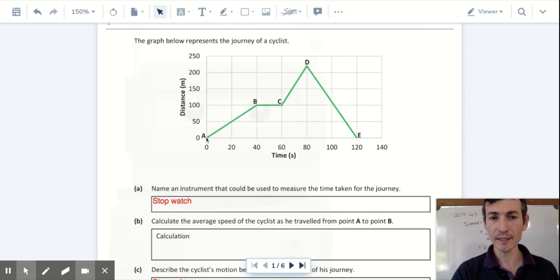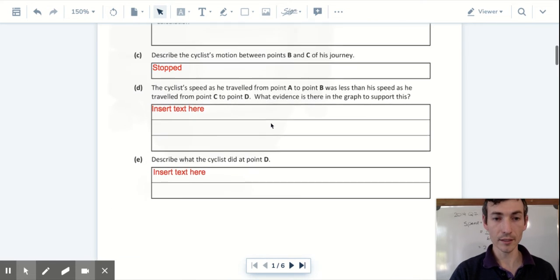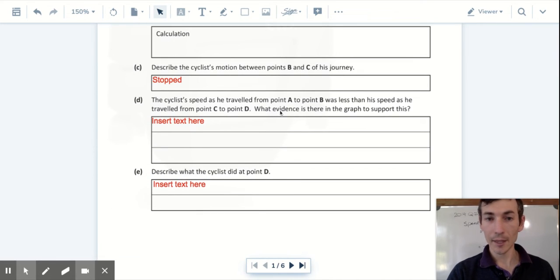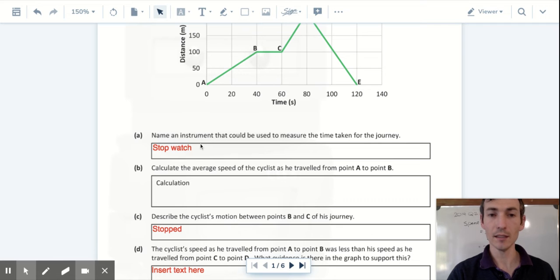The slope from A to B is less, whereas C to D has a greater slope. So A to B had a less steep slope, indicating that the speed was slower.